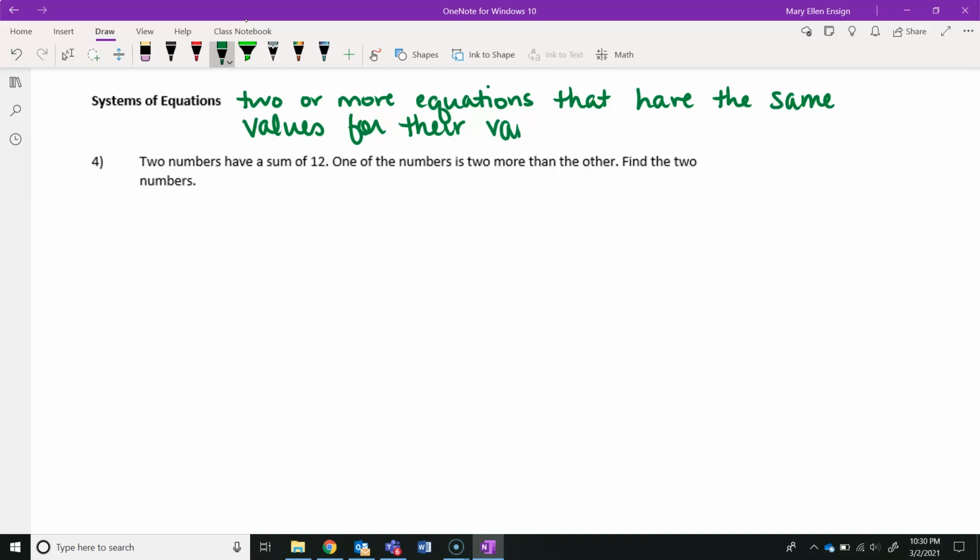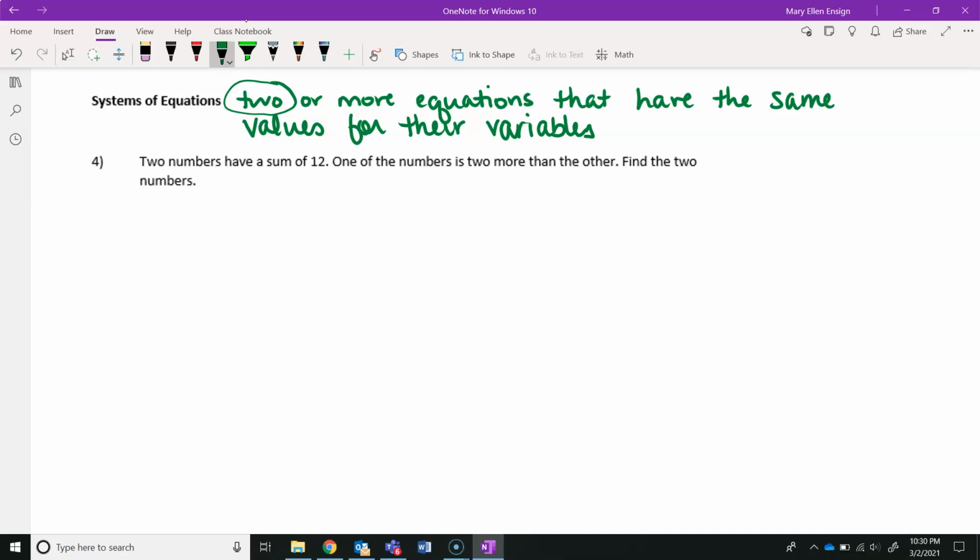So if they both have an x in them, then x means the same thing in both. If they both have a y, y means the same thing in both. And for us, we're going to just be looking at two equations, just because having more equations makes it a little more difficult than we'll get into in this class.